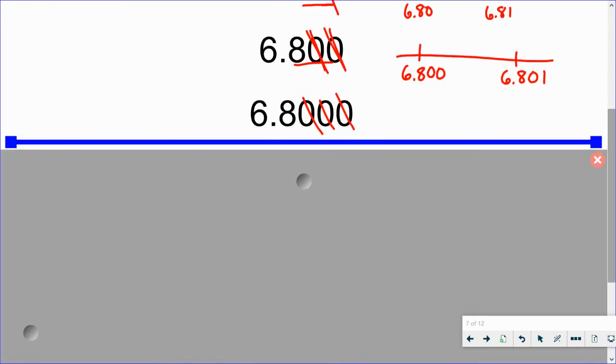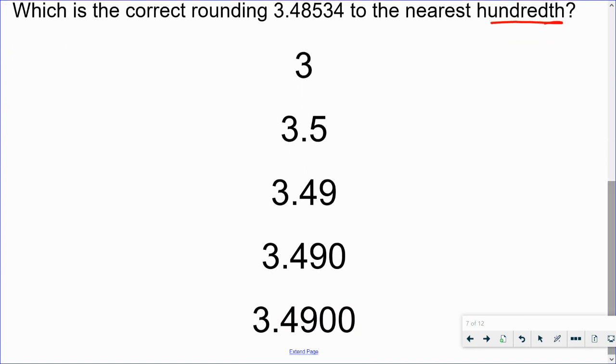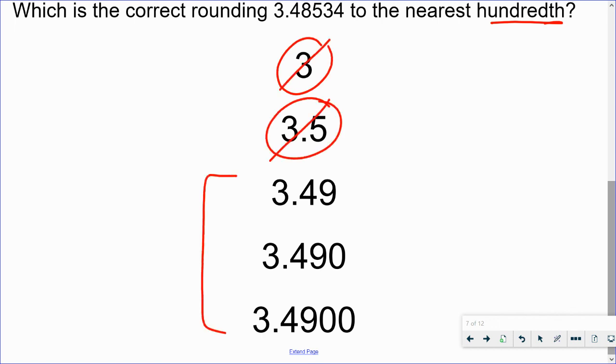All right, let me give you another example. What if it asks you to round to the nearest hundredth? Pause for a second and think about it. Which one of those is appropriately rounded, rounding this number to the nearest hundredth? Of course, it's not the top, and naturally it's not this. All of those have 49 hundredths, but you cannot put extra zeros. This is the only one that is rounded appropriately to the nearest hundredth.